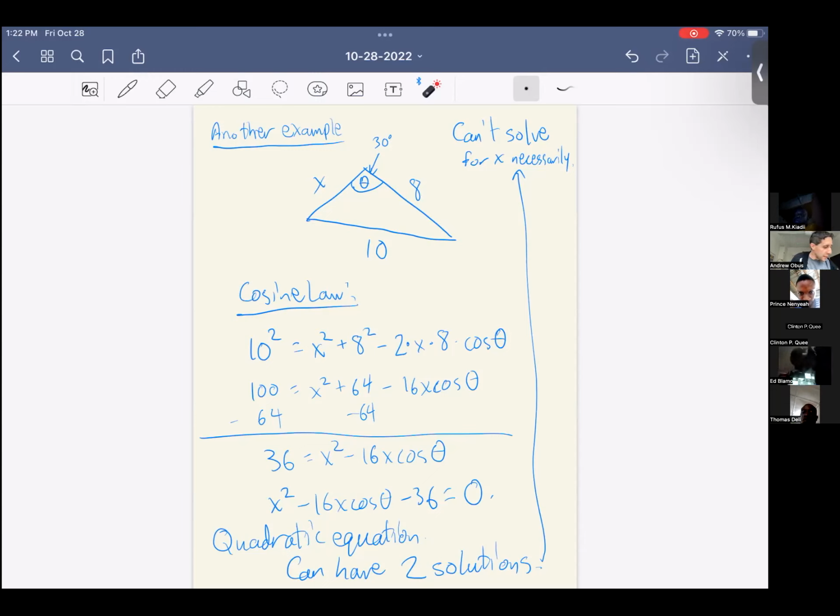For instance, if instead of having theta over here, I put the theta over here, then I can have a positive answer and a negative answer, because in that case the 10 and the 8 are going to be switched.